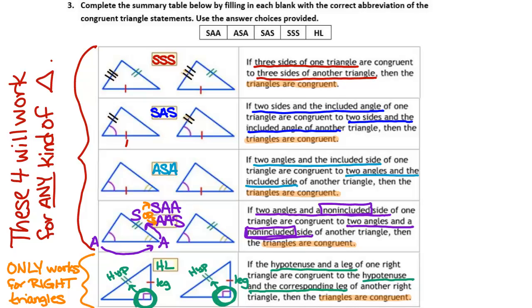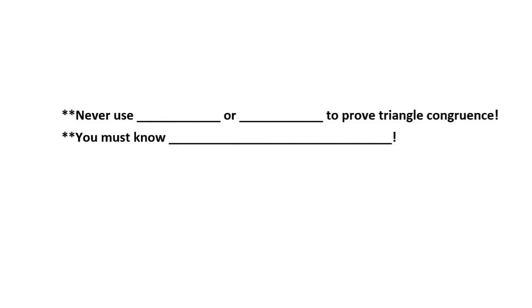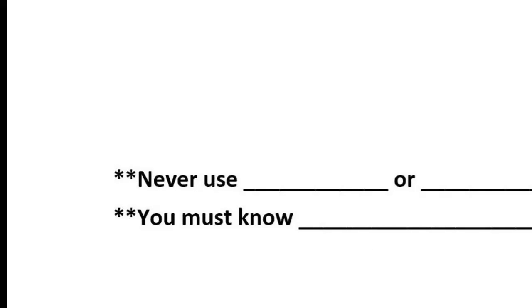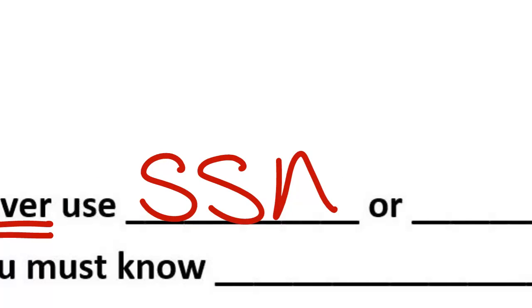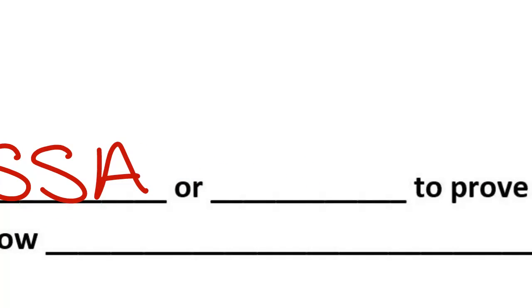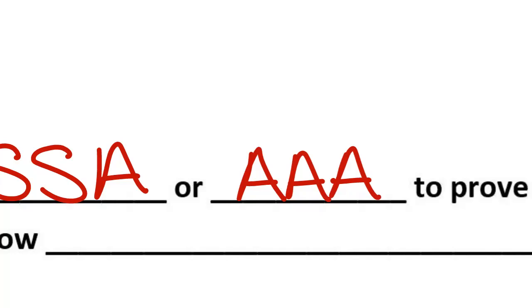Down at the very bottom of the page, we've got some warnings. Never, ever, ever use side, side, angle, or angle, angle, angle to prove triangle congruence.